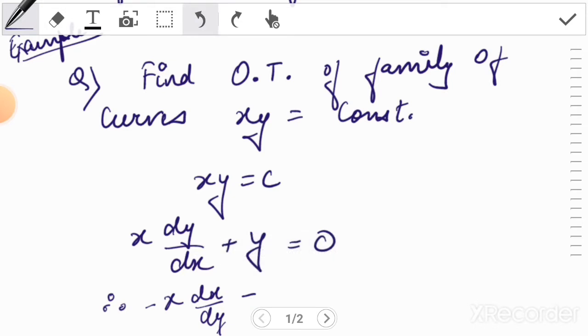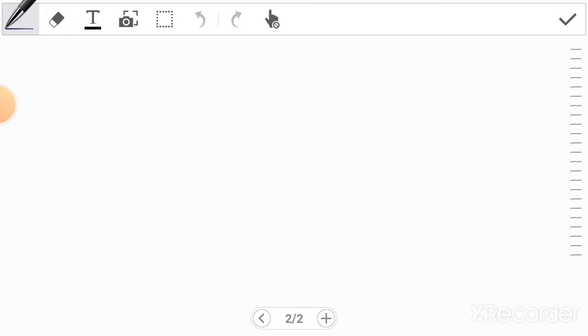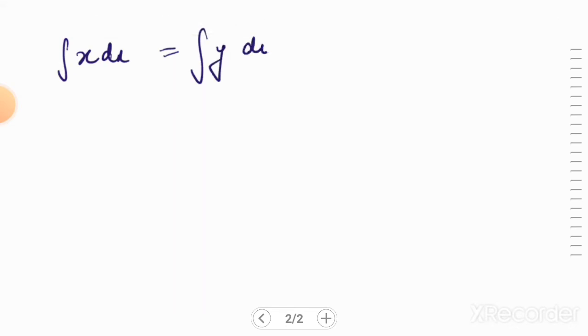Then we can say x dx by dy is equal to y. Now, this is in the variable separable form. So we can separate: integral x dx is equal to integral y dy.